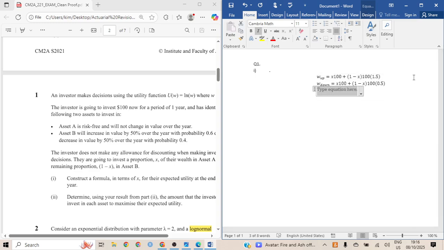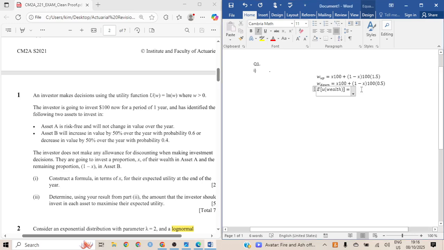So the expected utility of wealth will be the probability multiplied by the utility of wealth in both cases. If it goes up with a probability of 0.6, and the utility of wealth is given by log W, so we'll just write log, and then if it goes up, let's simplify this. This will be 100x, and then 150 minus 50x.